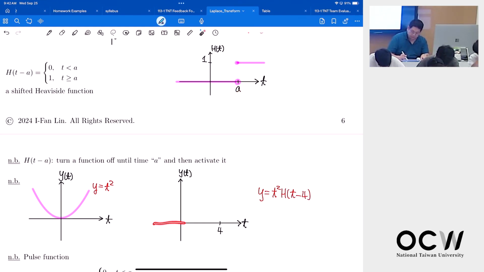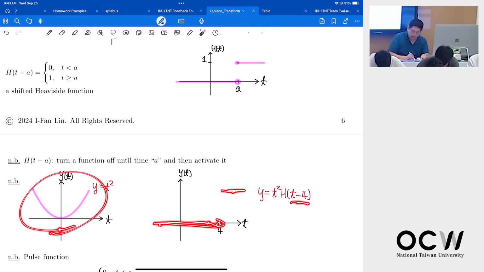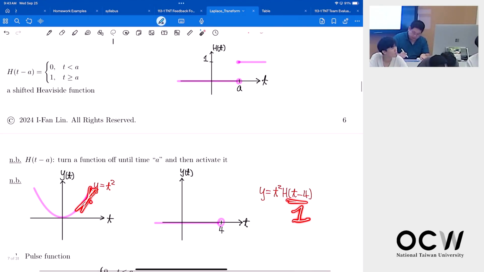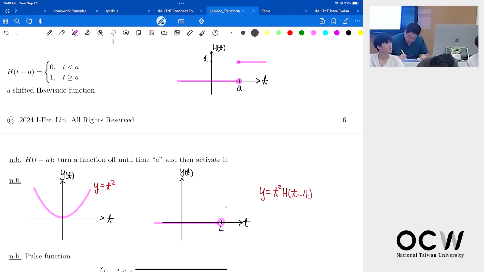So before 4, there will be 0. From t equals 4, I have 1 times this function y, that's t squared. So here's 0, and then I have a value, and this value is 1 times t squared. Okay.